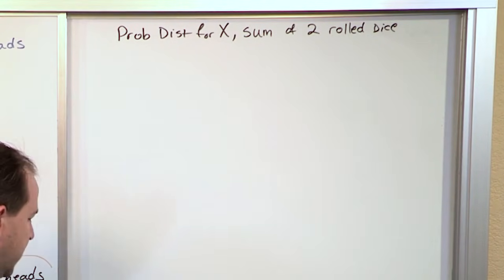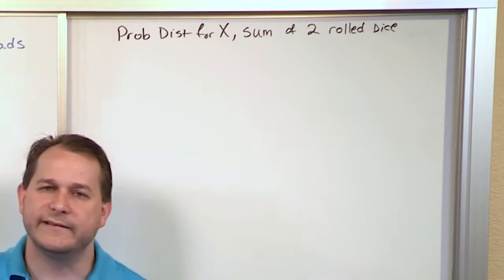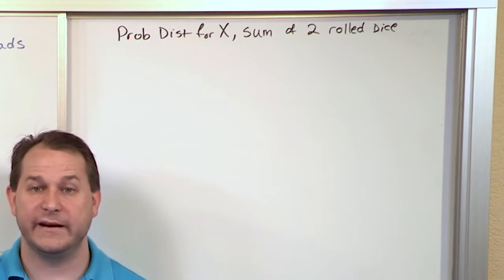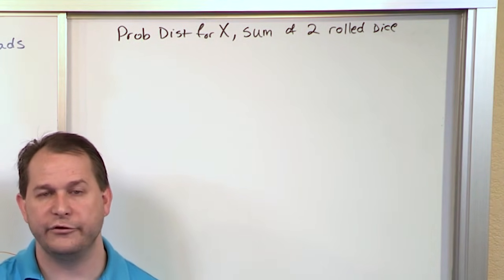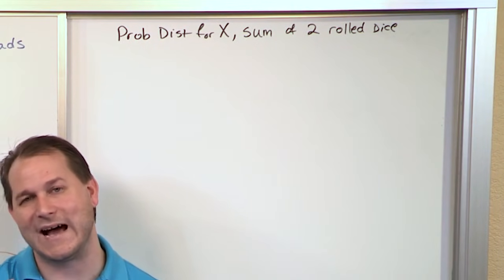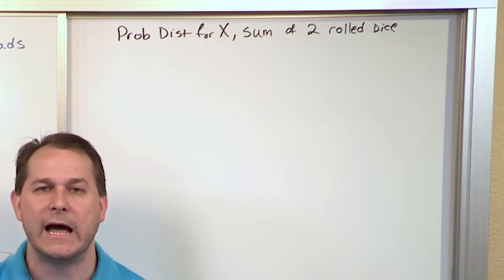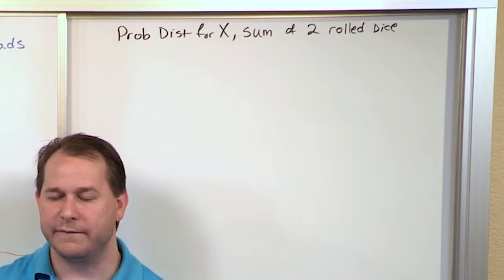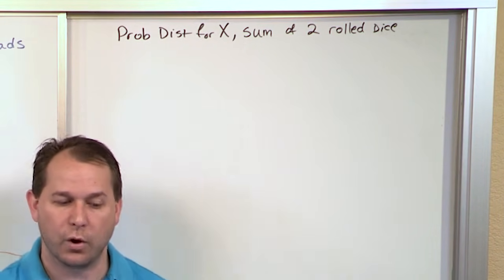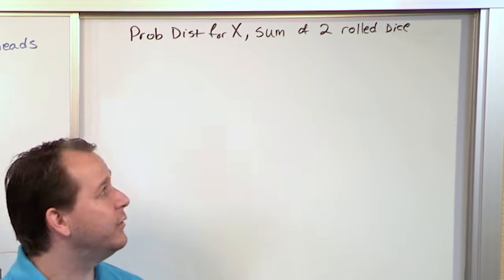When I'm talking about dice, one die has 6 faces. So we can get 1, 2, 3, 4, 5, 6 off of one die. And then I roll a second die, I can get 1, 2, 3, 4, 5, or 6 off of the second die.